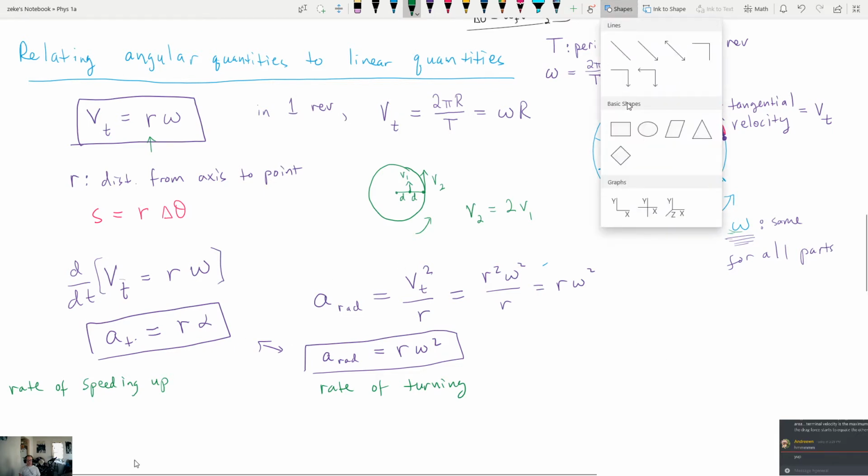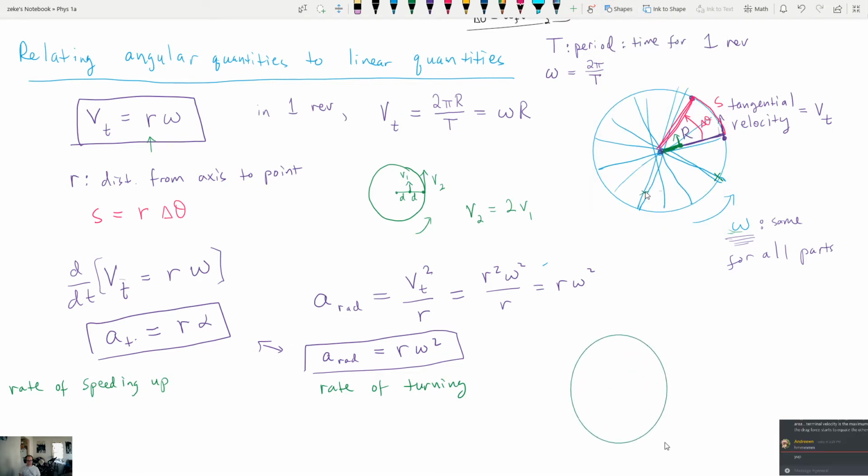So if I have a circle, let's draw another circle down here, and I have an object that's traveling around this circle, so it travels from here to here, for example, then I can define the tangential acceleration to be this way, and I can define the radial acceleration to be this way. And they will always be at right angles to each other.